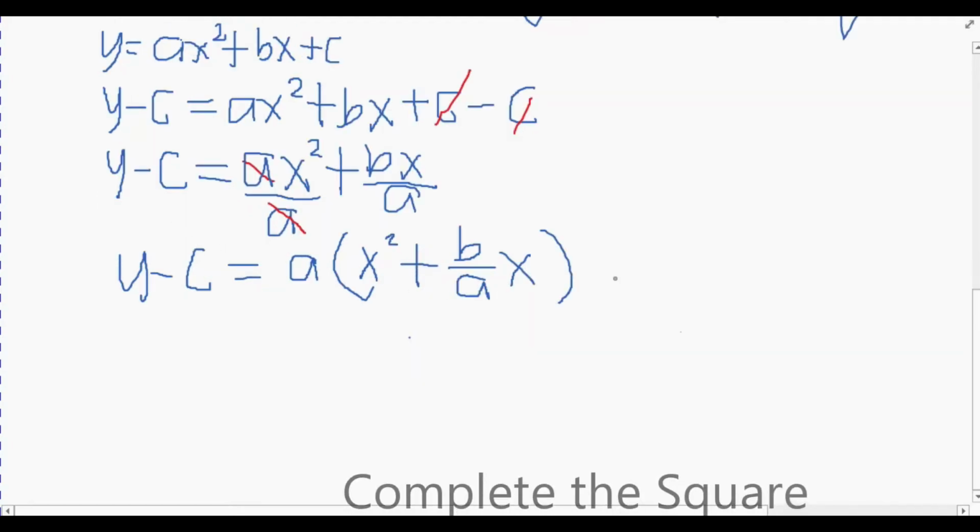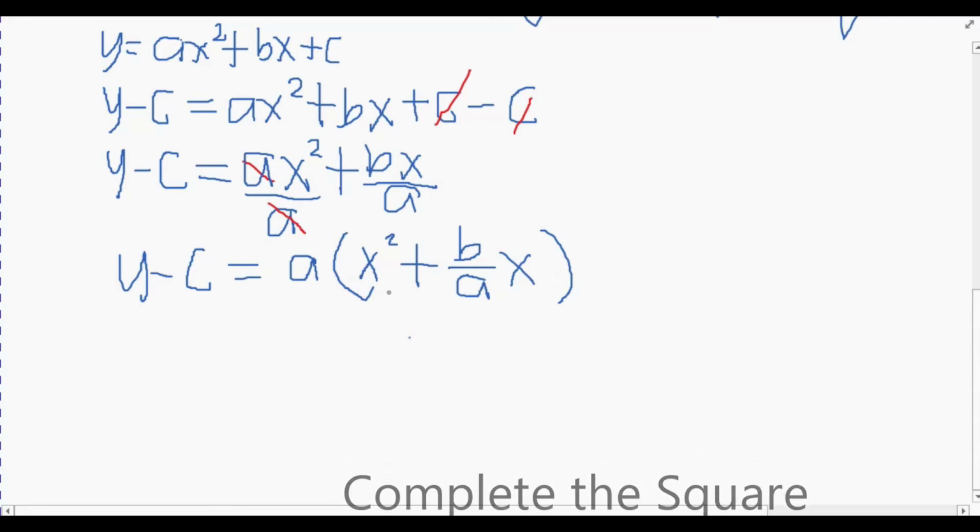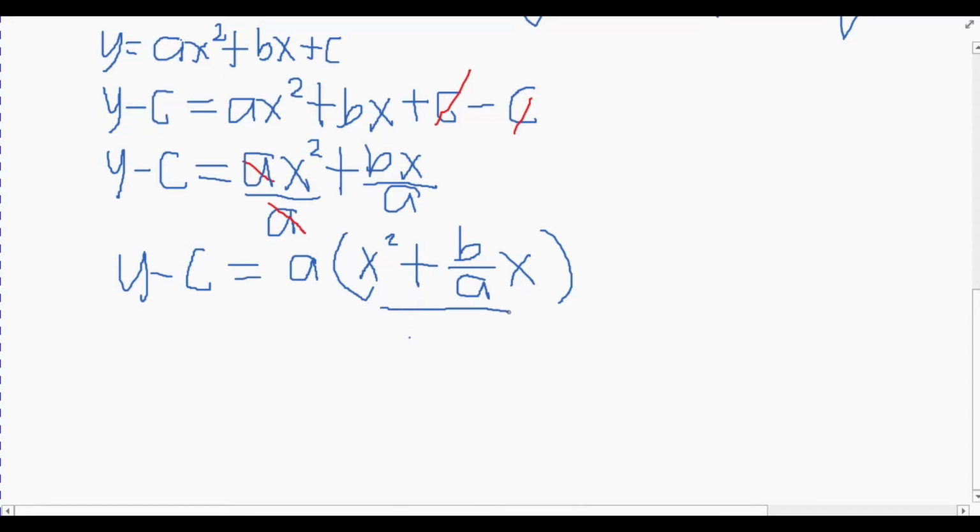Okay, next we're going to complete the square so that we can obtain a perfect square trinomial. We also apply the addition property of equality when we complete the square.